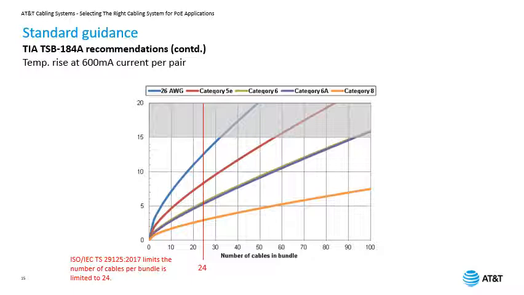For example, from the graph, we can say clearly that we can put 90 cables in one bundle when we are using Cat 6A 23 AWG. But it is not the same when we are using 26 AWG. The maximum is around 30 or 32 cables only. Always remember, ISO and IEC limit the number of cables per bundle to 24 only.